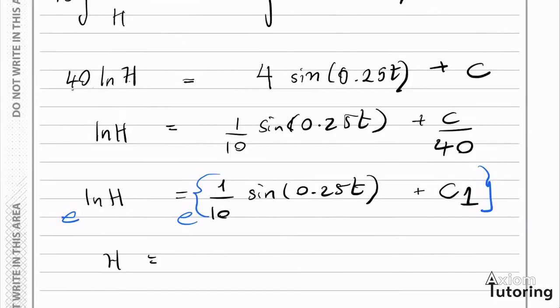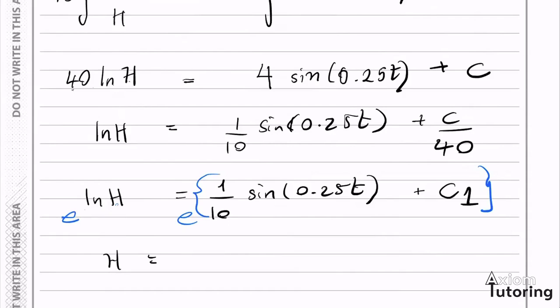So then both sides are raised to the power of e. Now, e to the ln of h is just h, because e is the inverse function of the natural log. The natural log is the inverse of the exponential.